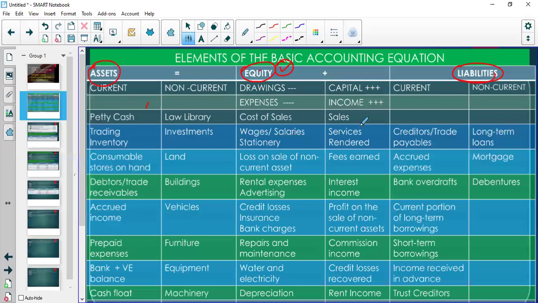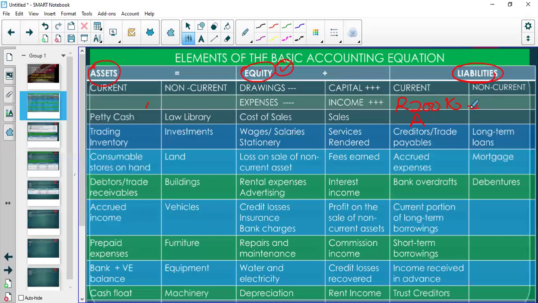So to make that simple, let us assume that you start a company and you acquire a motor vehicle for 200,000. That motor vehicle, which you acquired for 200,000, is an asset, right?